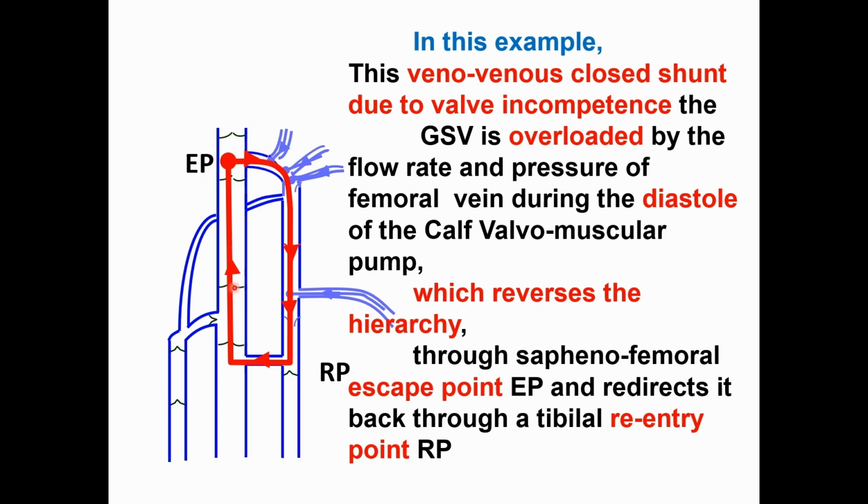During the diastole of the calf, the flow of the femoral vein is aspirated here through the escape point and the reentry point, overloading the flow of the great saphenous vein.